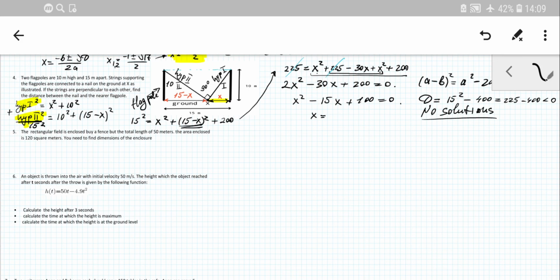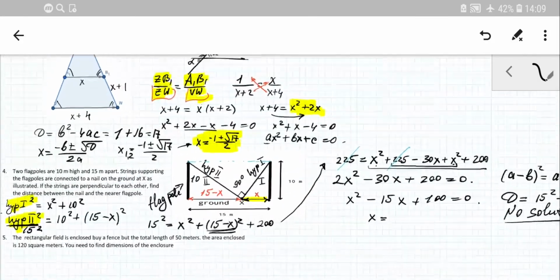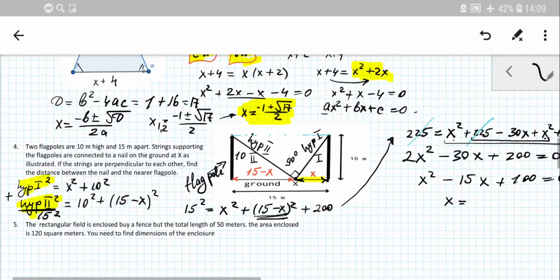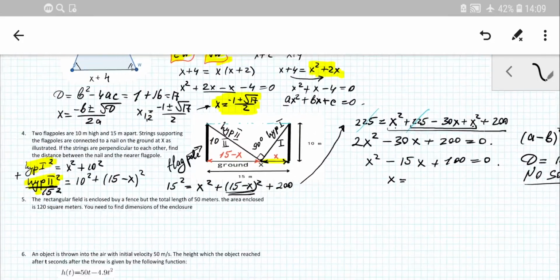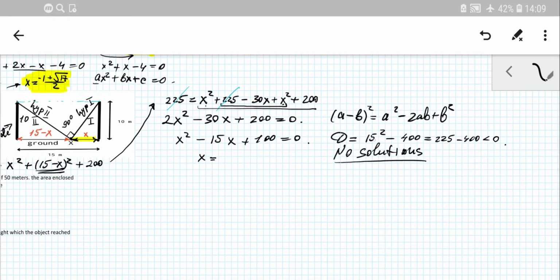That will allow us to find solutions. That was a demonstration that sometimes your quadratic equations might not have solutions, when the discriminant is negative.